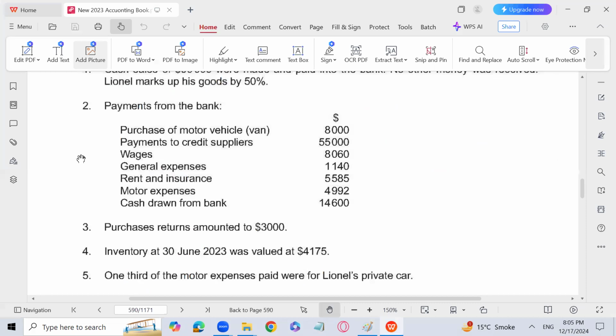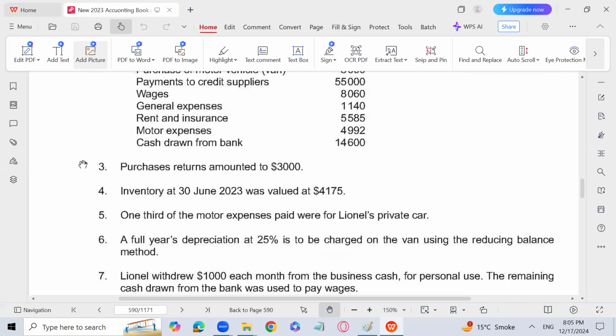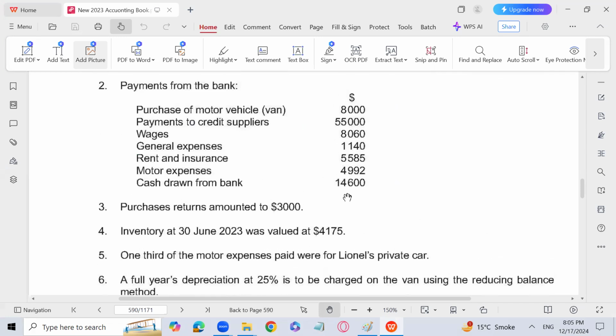The problem is that we are told the owner withdraws 1,000 each month. 1,000 each month means 1,000 into 12, which is 12,000 from the business cash for personal use. The remaining cash drawn from the bank was used to pay wages. So we have drawn cash from the bank for 14,600.